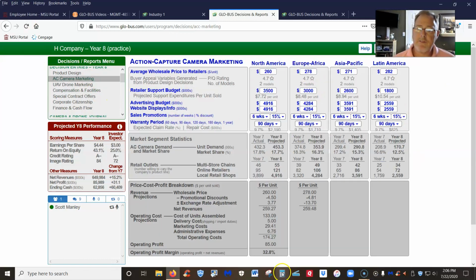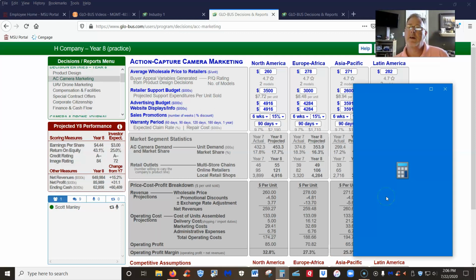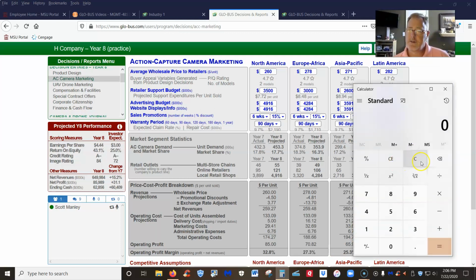Let me take an average of my selling price to show you what this really means when you say integrated cost leadership, okay? It's 260, 278, 271, and 282. Remember I said I wanted to have an average quality camera and sell it for slightly better than an average price. So dividing that by 4, my average selling price is $272.75 in the 4 geographic markets.